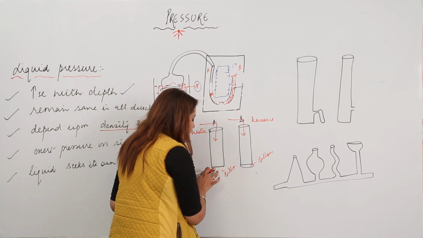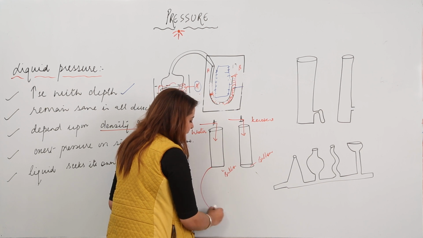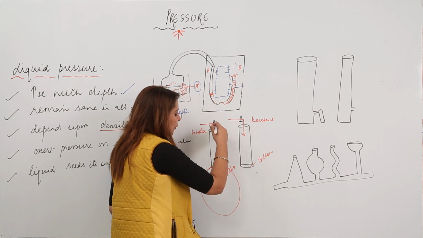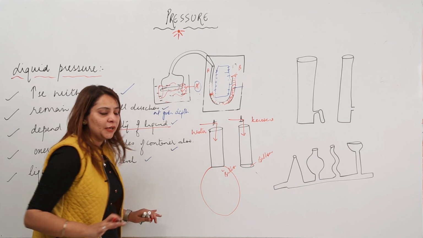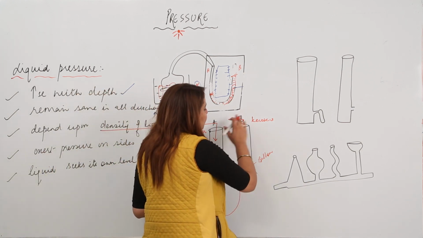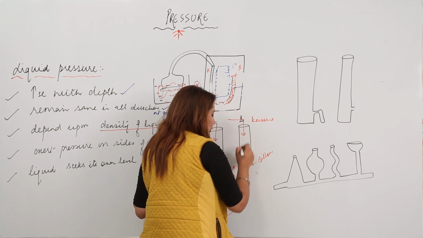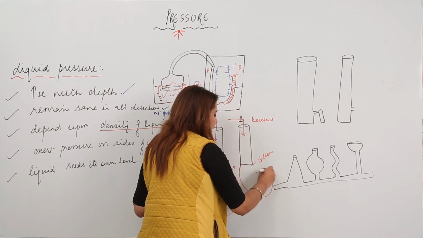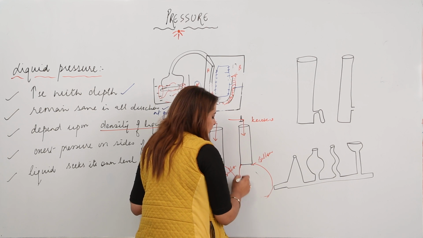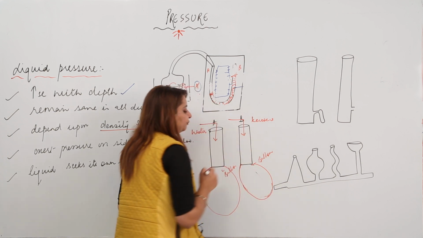So we see that the balloons start bulging out, and when we continue to add water, the bulge is this much. Now you add the same amount of kerosene, and again it starts bulging, and when the tube is fully filled, the bulging is only this much.